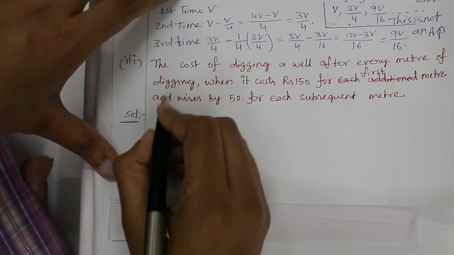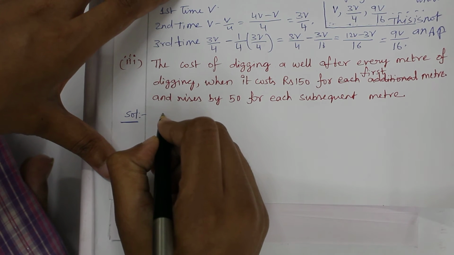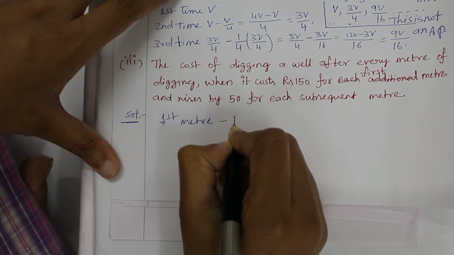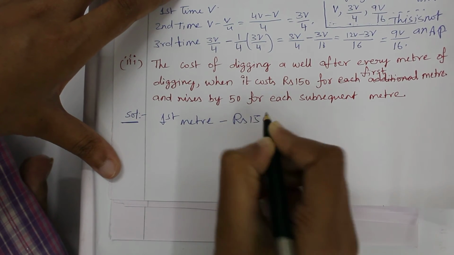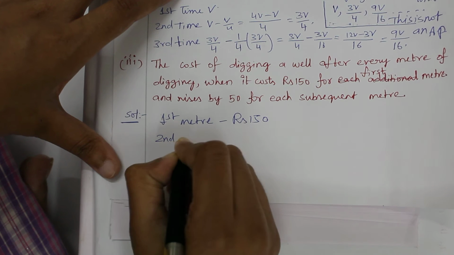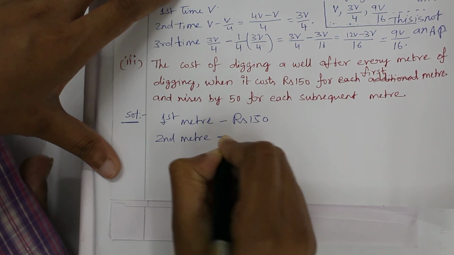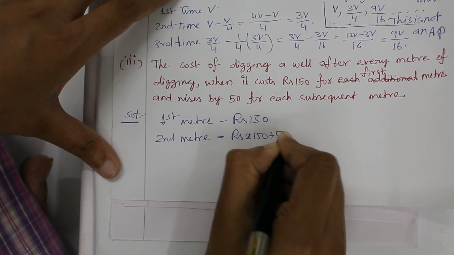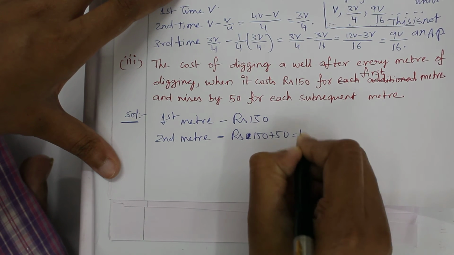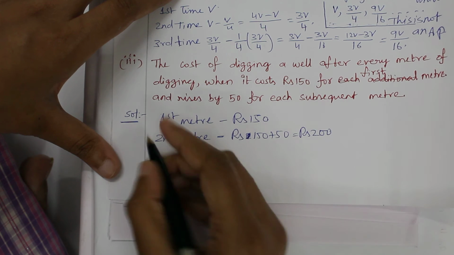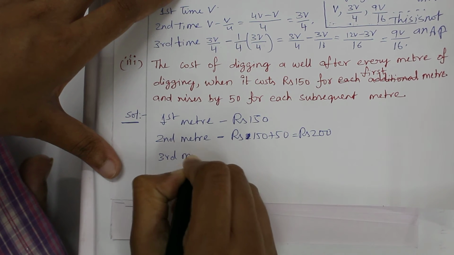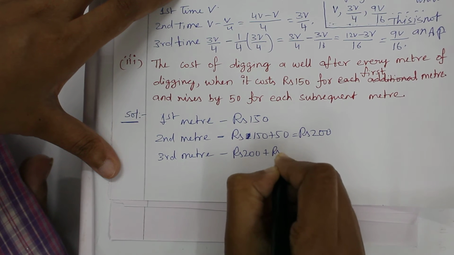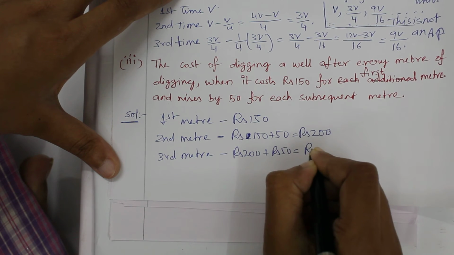So in the beginning of digging the well, for the first 1 meter, it costs rupees 150. And with each additional meter, it increases by rupees 50. So it becomes rupees 150 plus 50, that is equal to rupees 200. Again, third meter, rupees 200 plus rupees 50, that is equal to rupees 250.